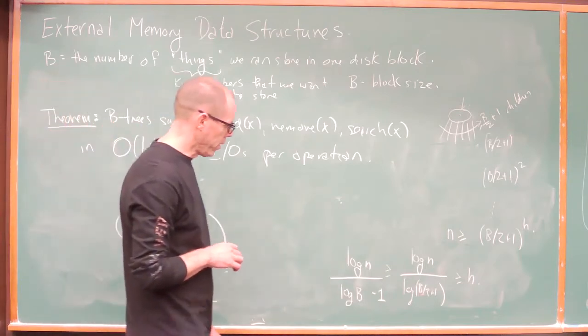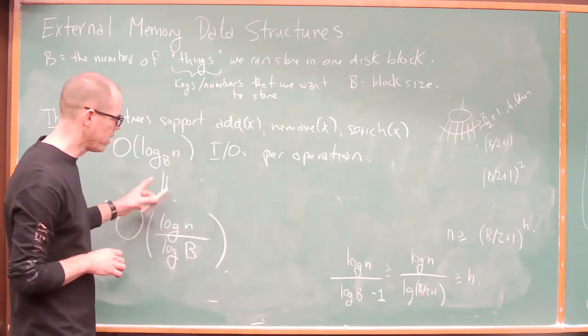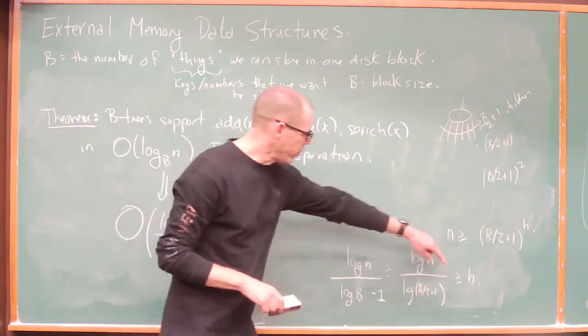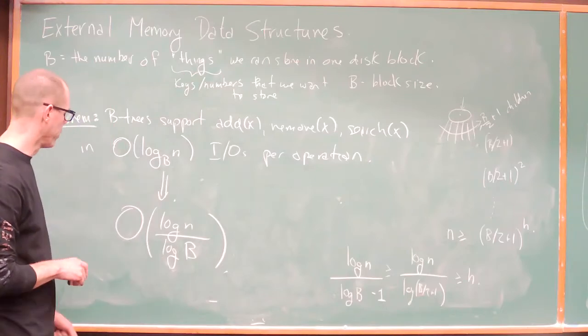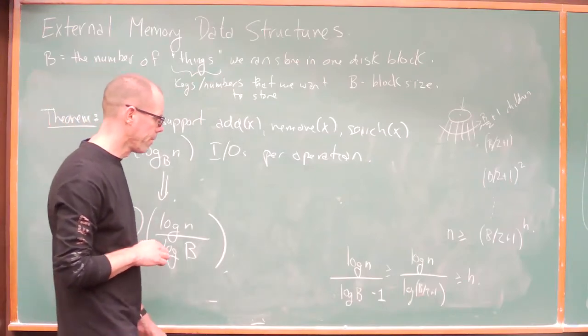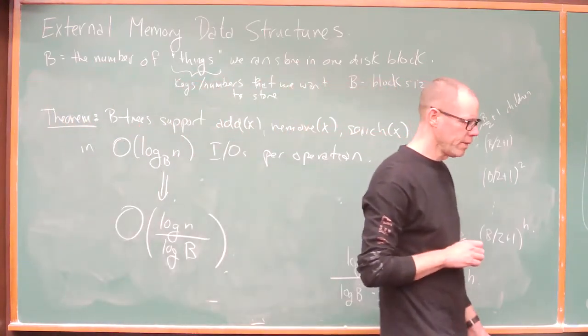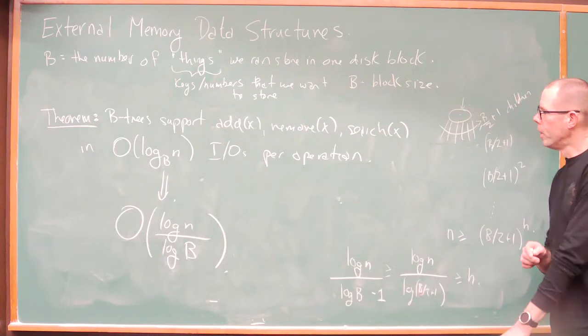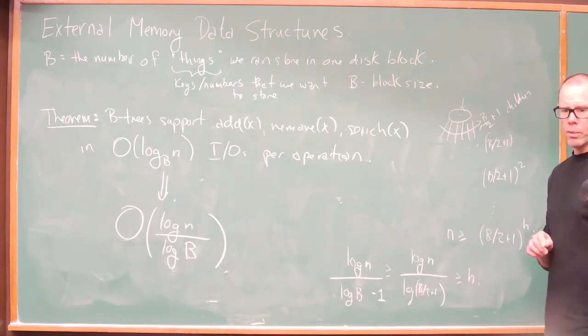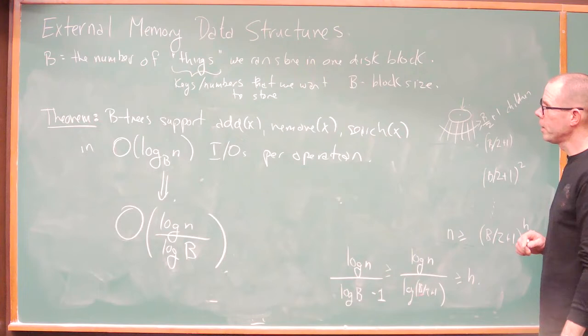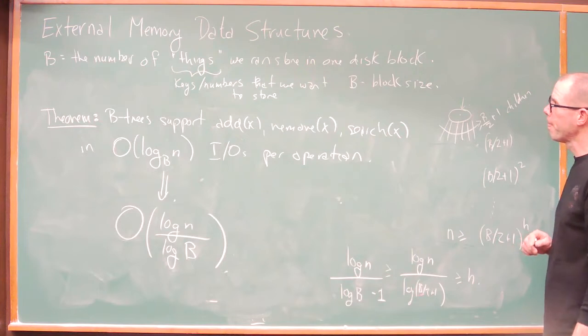And so why this number? Well, because the height of the tree is at most log n over log b minus 1. Okay. All right, that was easy. So let's make the game harder.